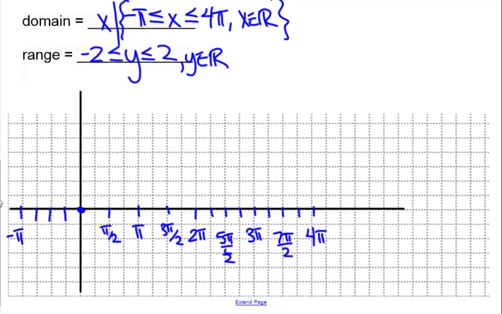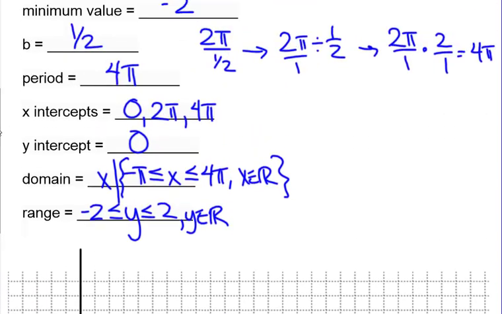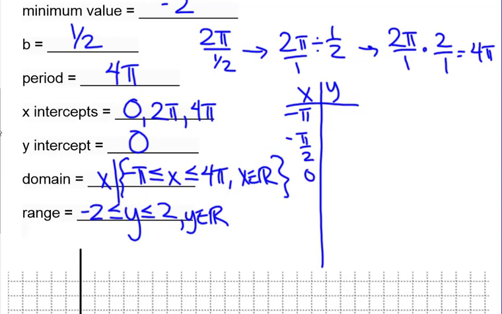And if we were to graph this in terms of table of values, if we want to use our basic ones, we're looking at a sine graph, so that original example 1, things like we can use negative pi, let's use negative pi over 2, 0, pi over 2, and then let's go to pi.